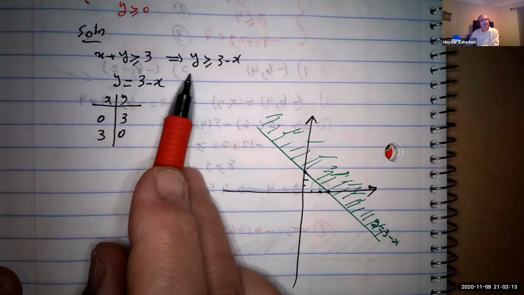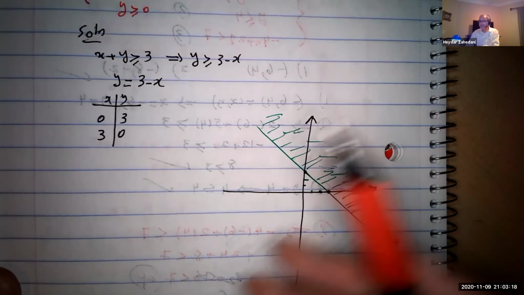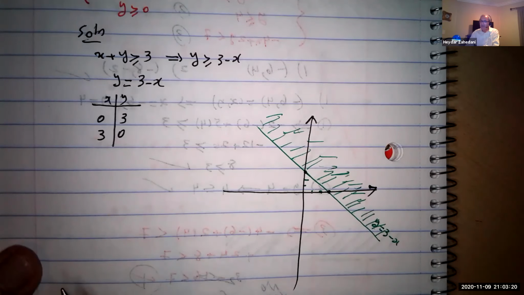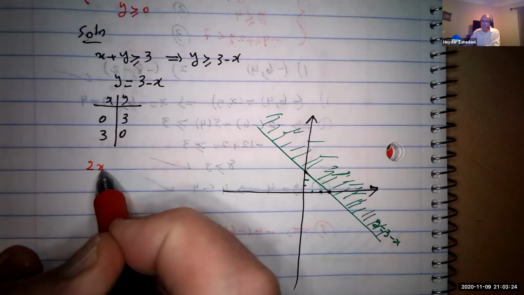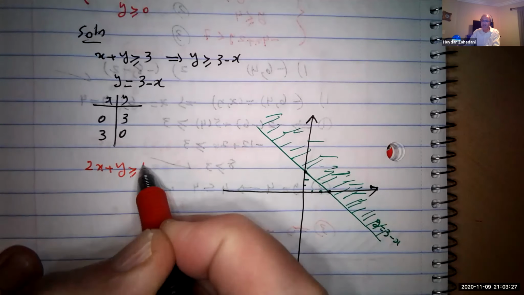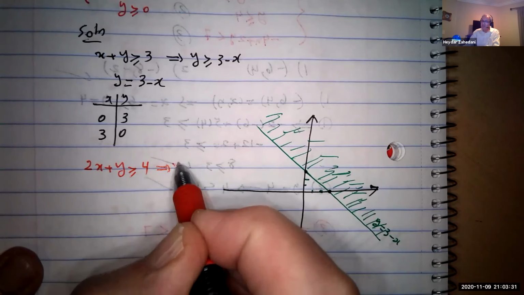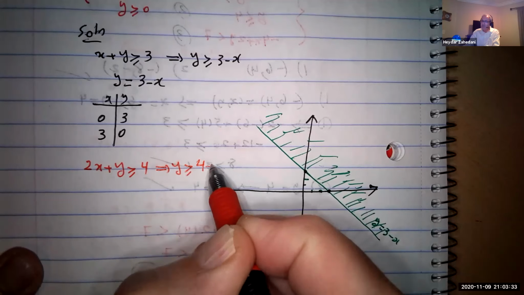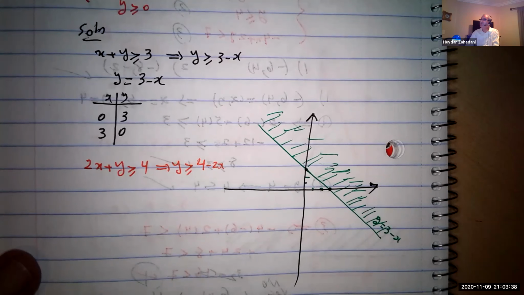Are you ready for the second part? Because y was directly given to me, I didn't check the origin, because it's greater than, so it's going to be above. Check the second one, 2x plus y greater than or equal to 4. Again, I can solve for y, so that gives me exactly the region on the top. y greater than or equal to 4 minus 2x.